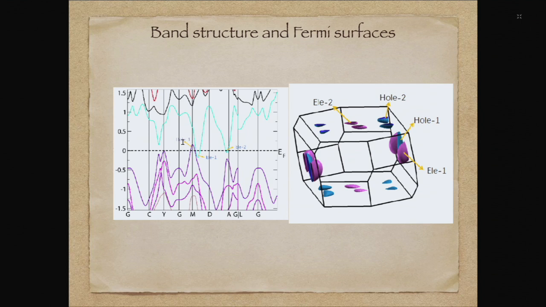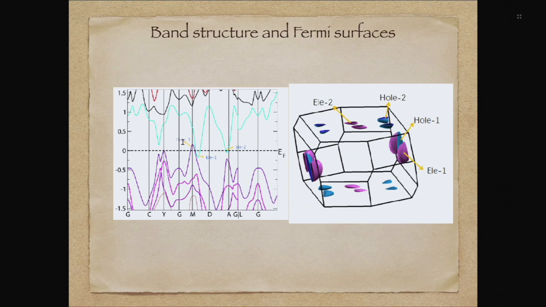So the Fermi surface contains many small Fermi pockets, and they all have twofold degeneracy. Then we compute the g-factor on each k point of the Fermi surface. We split the Fermi surface.